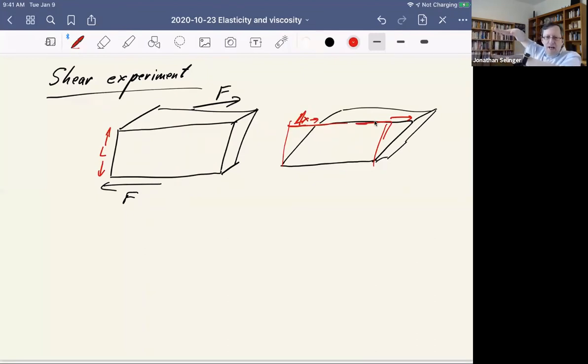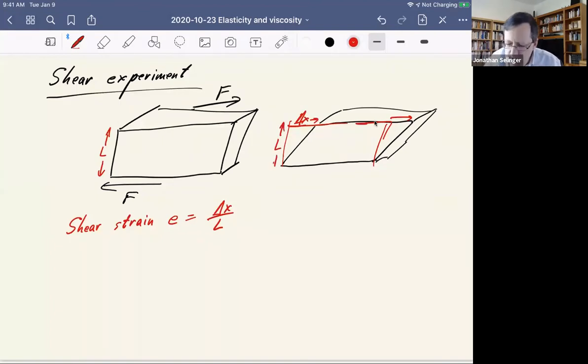If it's a bigger distance between the opposite forces, then the material can deform more. Okay, if it's a smaller distance, it deforms less. Okay, so the shear strain E is delta X over L, where L is this length of the system.